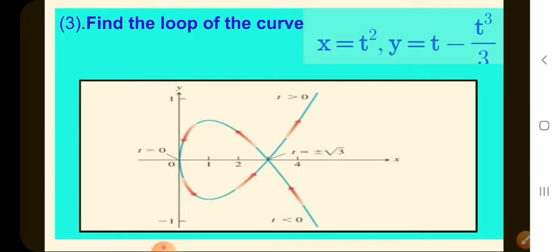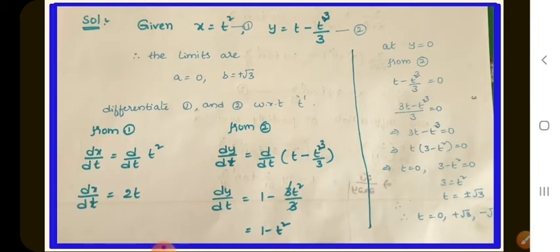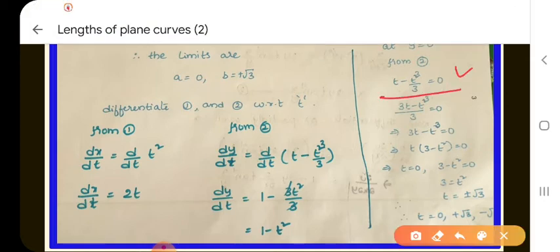Okay. Next, see here. What is the equation here? X equals t square, y equals t minus t cube by 3. Here we take y equals 0 since the loop lies on the x axis. If you put y equals 0 in equation 2, that means t minus t cube by 3 equals 0.